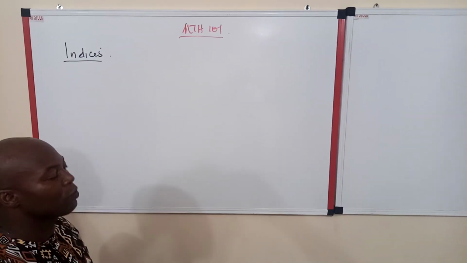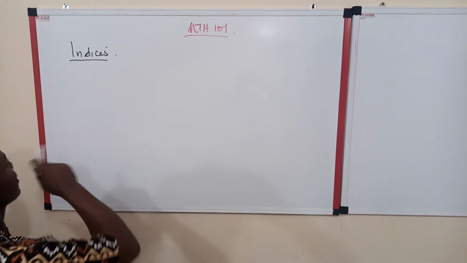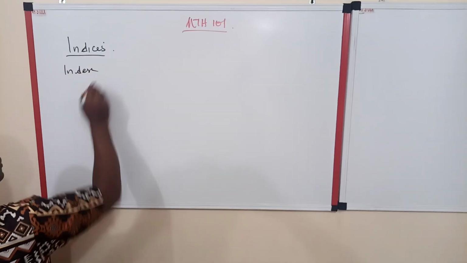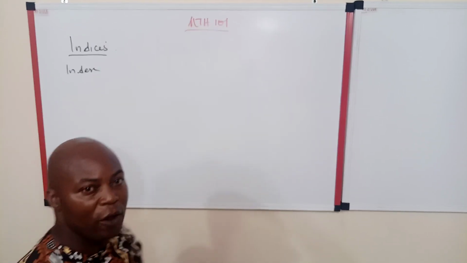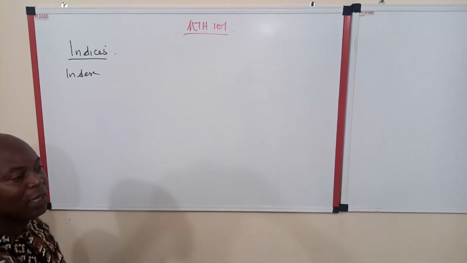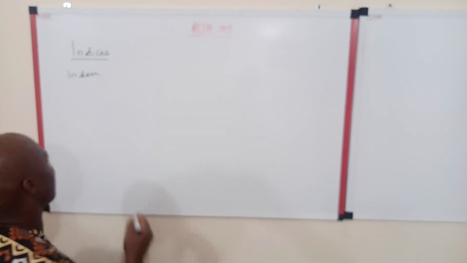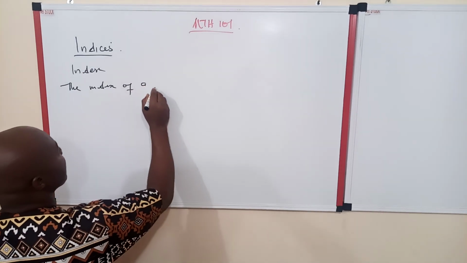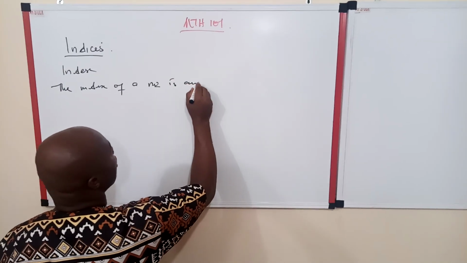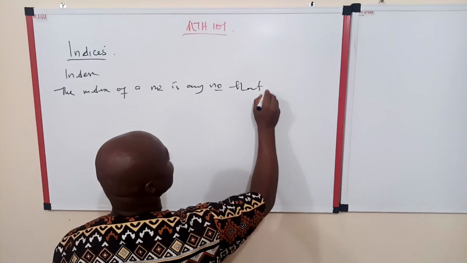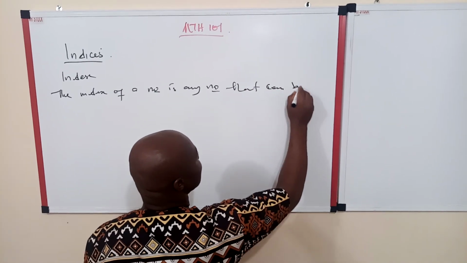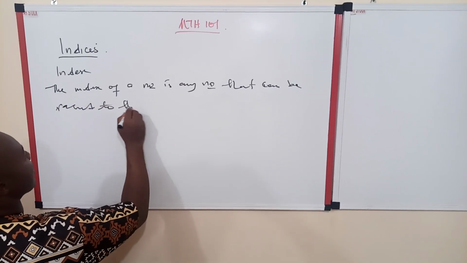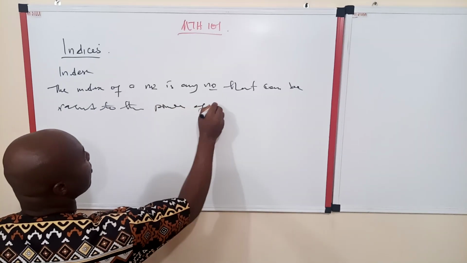Before I properly talk about indices, let me start with the word index. What is an index? The index of a number is any number that can be raised to the power of.